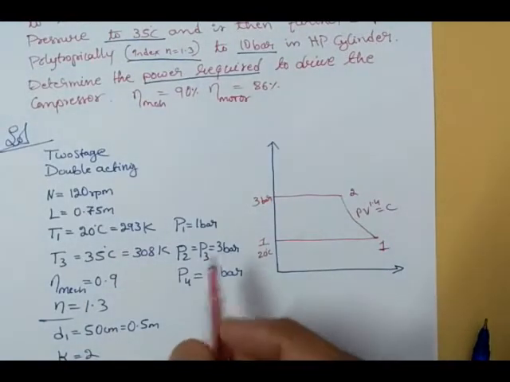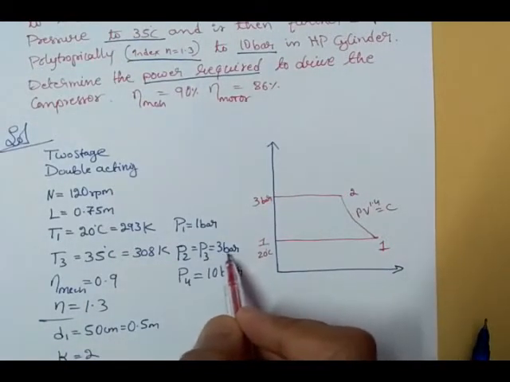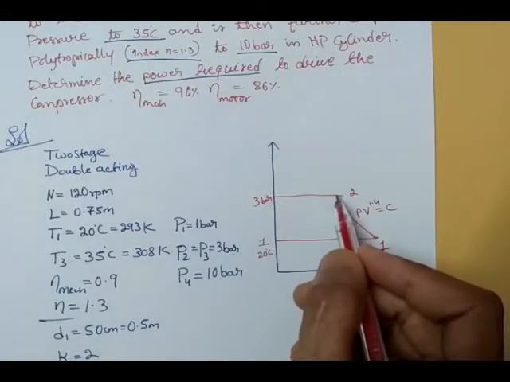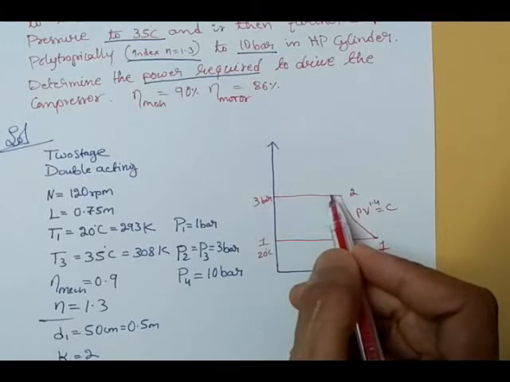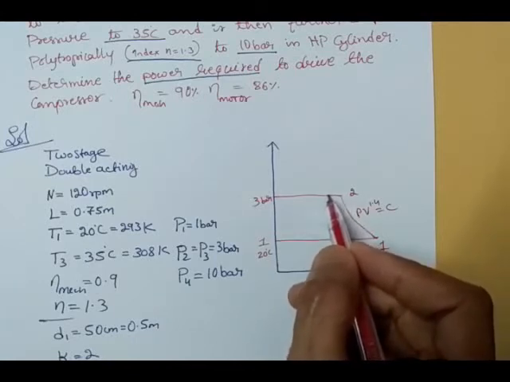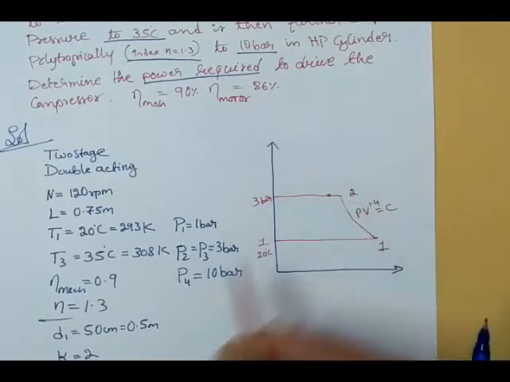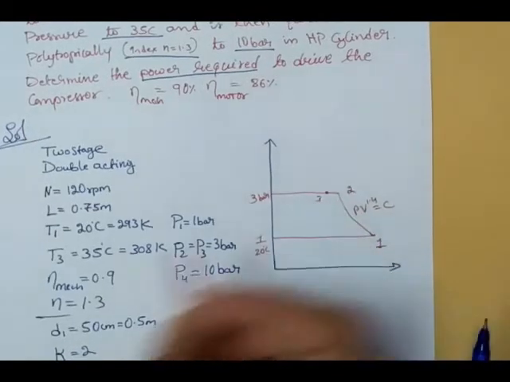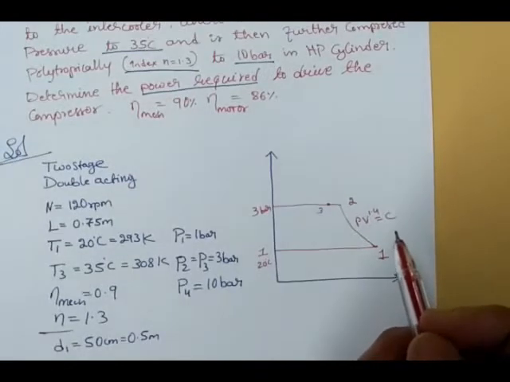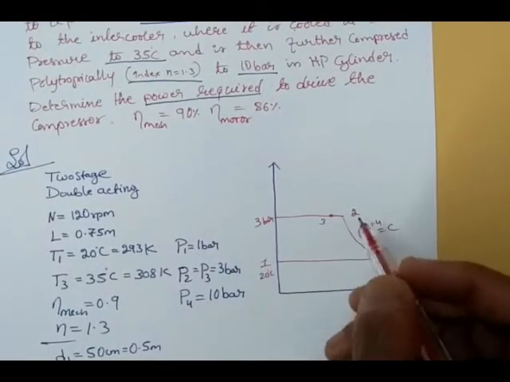What they have told is that at 3 bar the gas will be cooled down to 35 degrees centigrade. So this cooling process we will mark here as 2 to 3. This is the cooling process, and at constant pressure the temperature is dropped to 35 degrees.